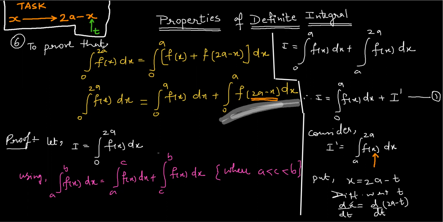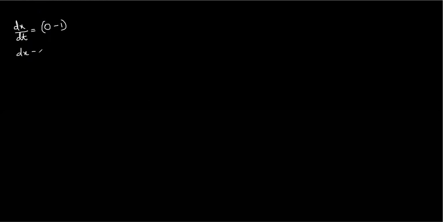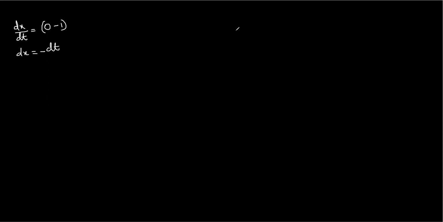So you get dx by dt equals 0 minus 1. The derivative of 2a is 0 and the derivative of t with respect to t is 1. So you get dx equals minus dt.